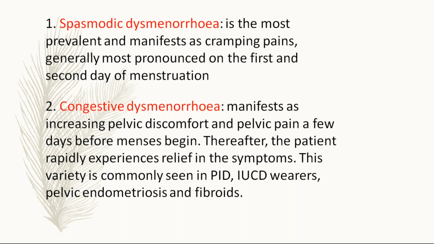Whereas congestive dysmenorrhea manifests as increasing pelvic discomfort and pelvic pain a few days before menses begin. This is due to increased blood supply to the pelvic organs before menstruation. The patient rapidly experiences relief in the symptoms once she gets menses. This variety is commonly seen in PID, IUCD bearers, and pelvic endometritis and fibroids.